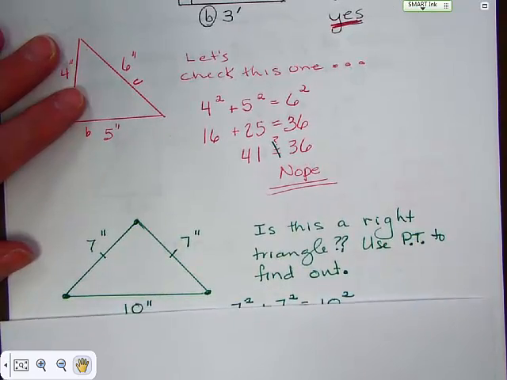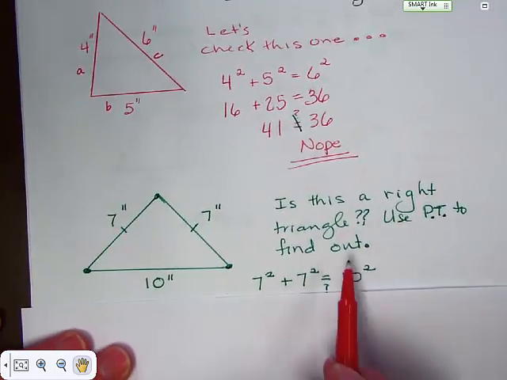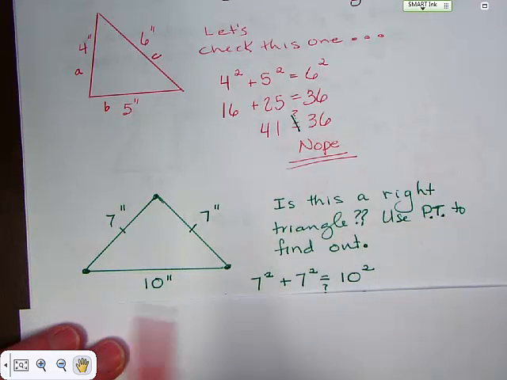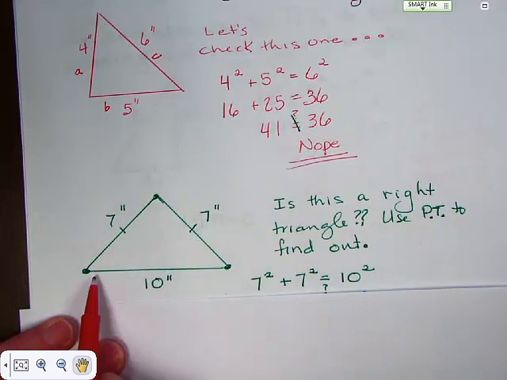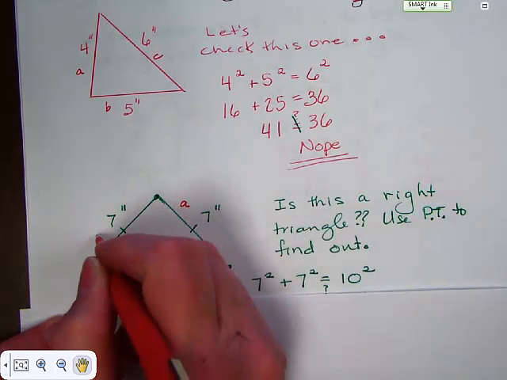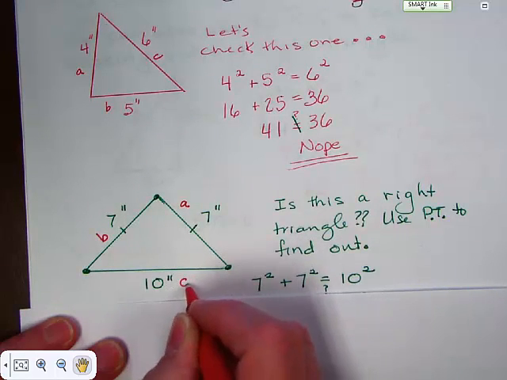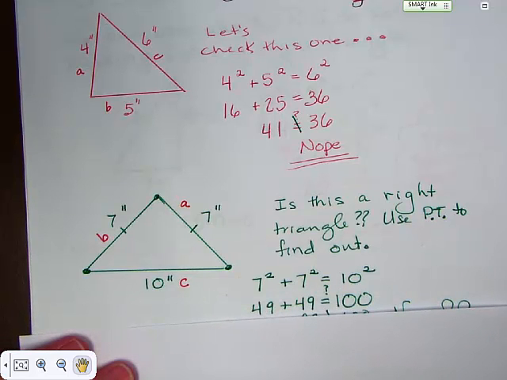Is this one a right triangle? Using the Pythagorean Theorem, we're going to check it out. We have 7, 7, and 10. This is the longest one, so we'll call this A, we'll call this B, we'll call this C. Okay? So 7 squared plus 7 squared equals 10 squared. 7 squared is 49.